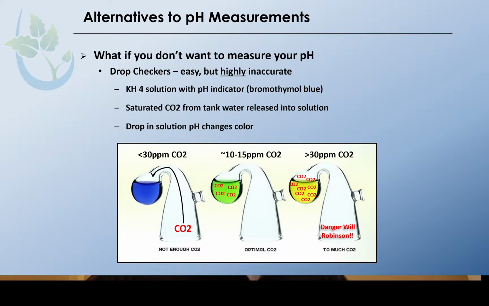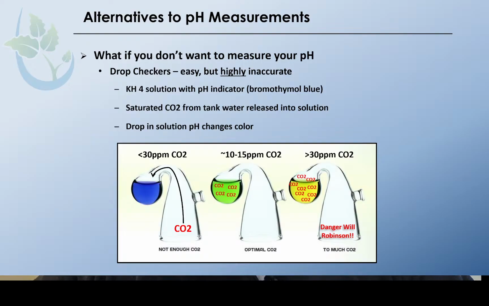Now, this is an easy way of getting a measure of how much CO2 is in your tank, but it's highly, highly inaccurate because it's based on color. If your tank has any kind of tannins in it, that color might look a little different. If the tank is cloudy, it's going to be tough to see.